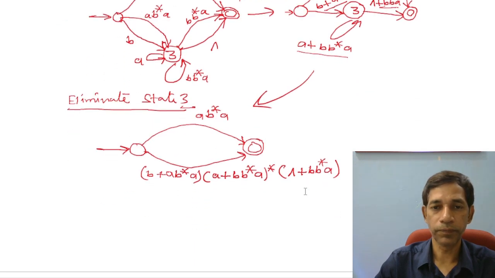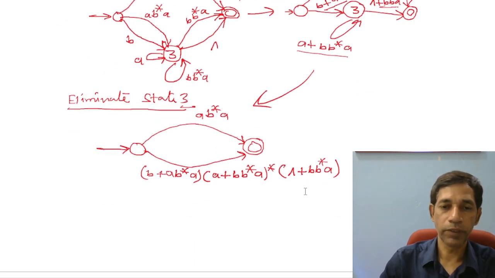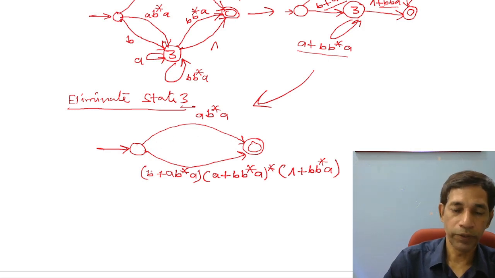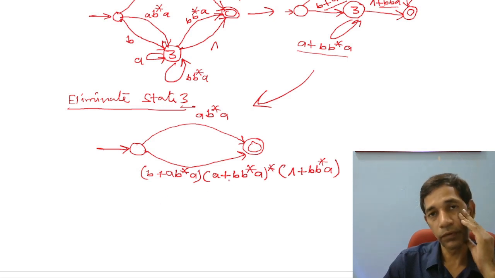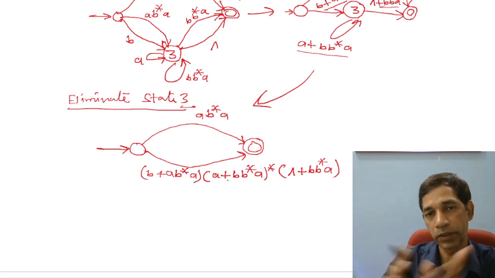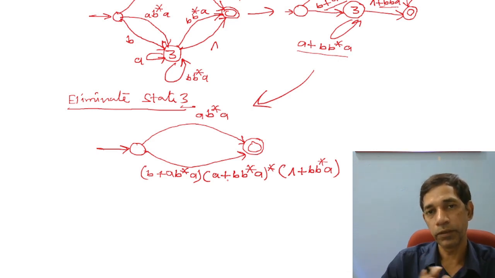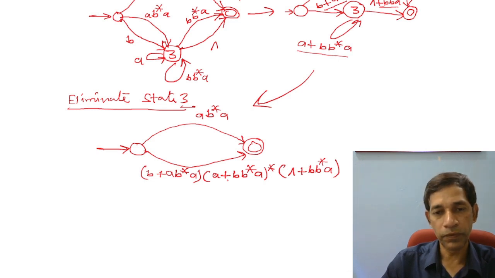Now you can further simplify it. So how can we simplify it? Since we have two edges going parallelly in the same direction, from the initial state to the final state, and the direction of the edges is the same, you can unify them.